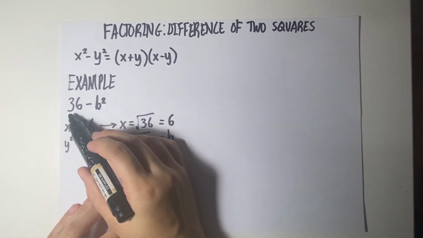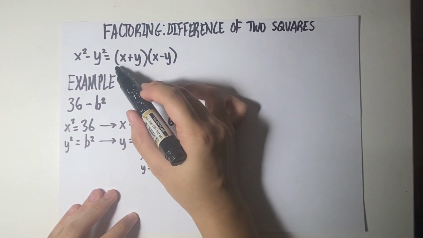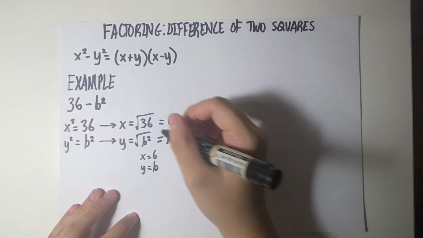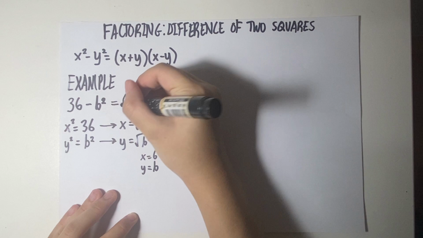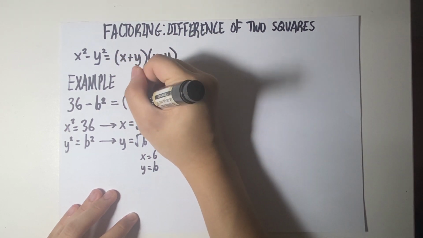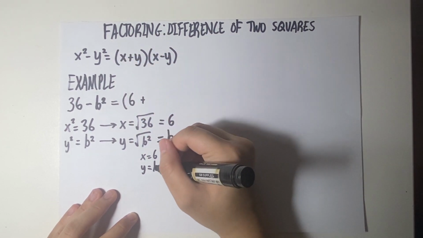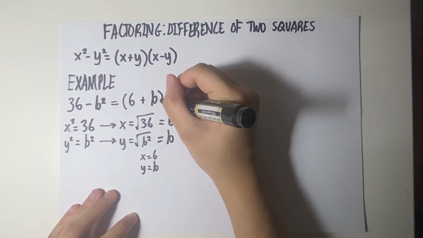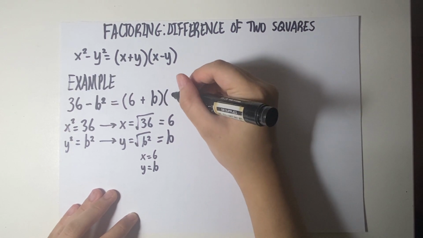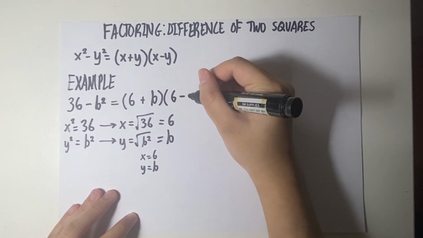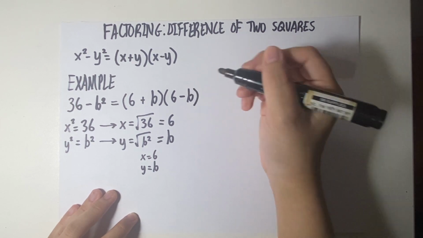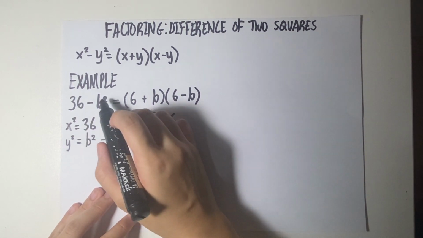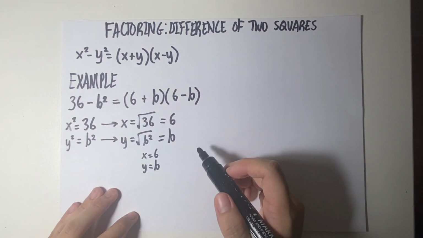So we can write this equation in the format of the product of two brackets: x, which is our 6, plus b, which is our y, multiplied by 6 minus b. And there you go. And so when you multiply these brackets by each other, it will be equal to the left-hand side of the equation.